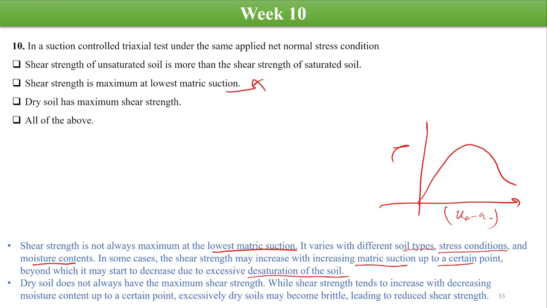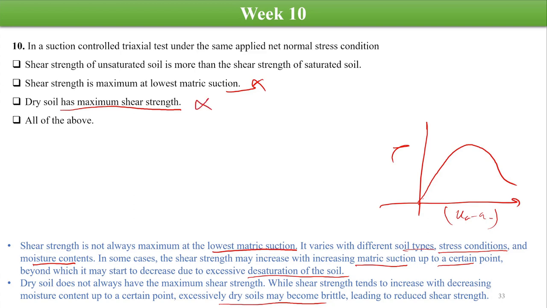Then the third option: dry soil has the maximum shear strength. It is not true that they always have the maximum shear strength. While shear strength tends to increase with decreasing moisture content, it does so only up to a certain point. After that, excessively dry soil may become brittle, leading to a reduction in the shear strength.